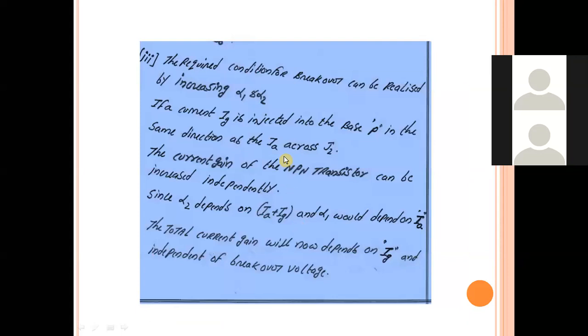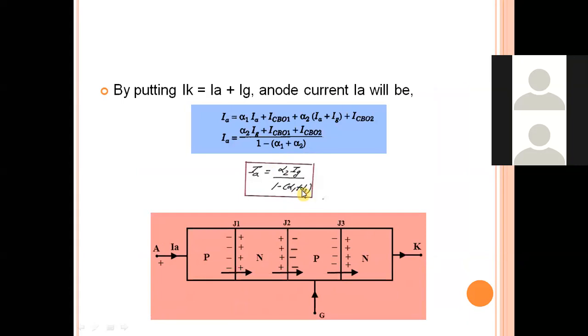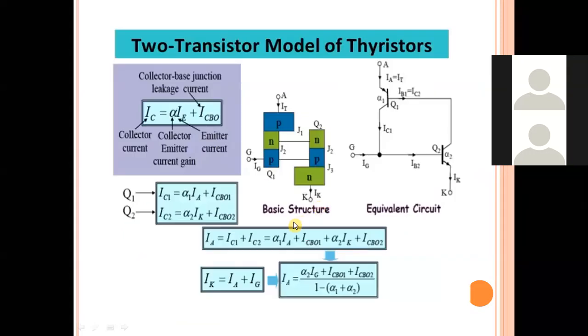Then moving to the third consideration. The third consideration is related to this alpha 1 and alpha 2. Whenever we need to change the sum alpha 1 plus alpha 2, you need to change alpha 1 as well as alpha 2, isn't it?